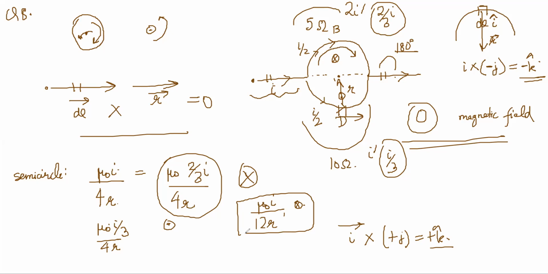So minus k direction. And anyway, those two straight sections were not contributing because dL and r were in the same direction. If they have a 0-degree angle or 180-degree angle, then nothing happens, no field.